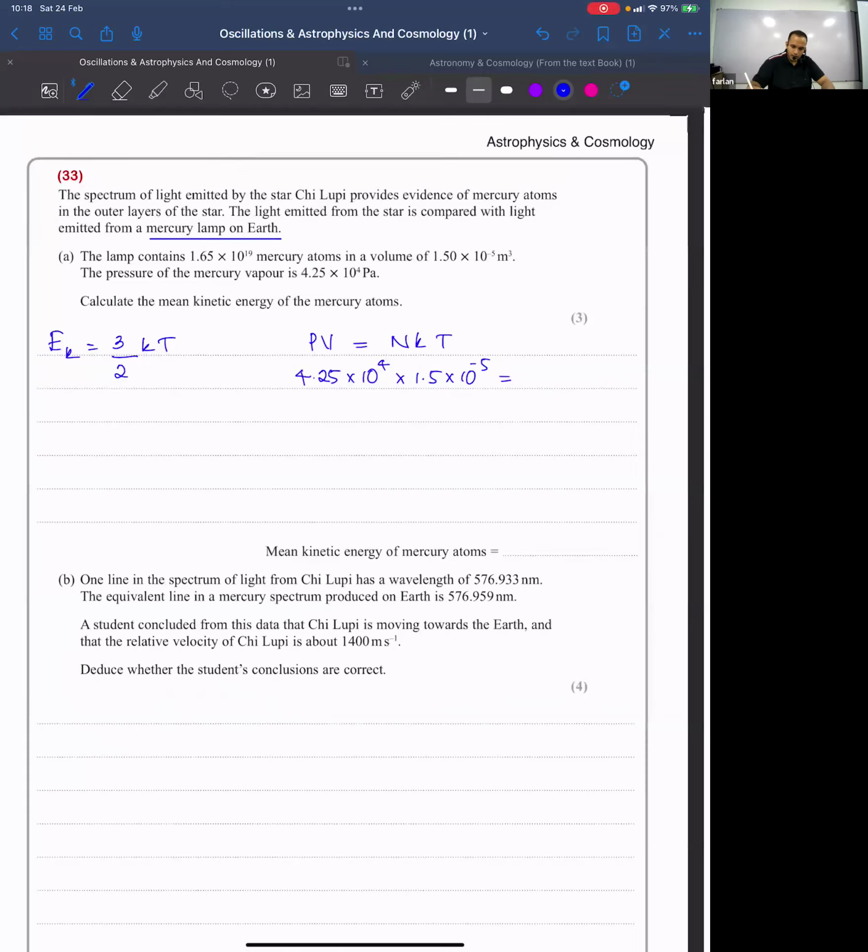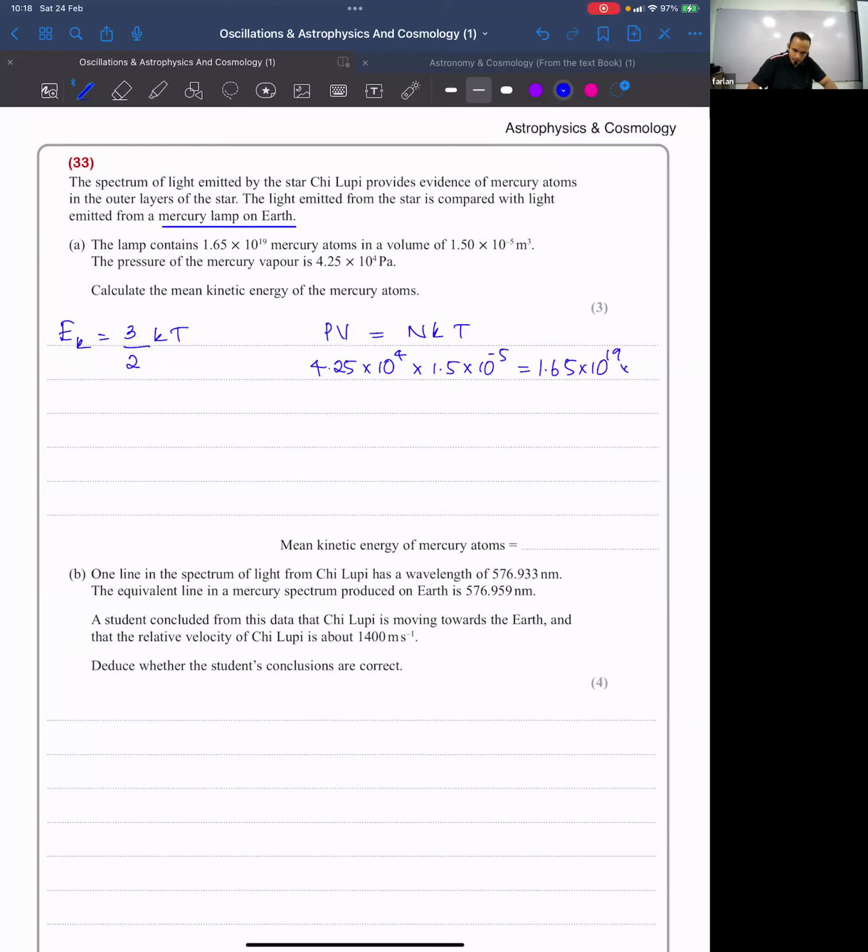NkT, N is 1.65 into 10 to the power 19. k is the Boltzmann constant into T. How much is the Boltzmann constant? 1.38 into 10 to the power minus 23. Is it?